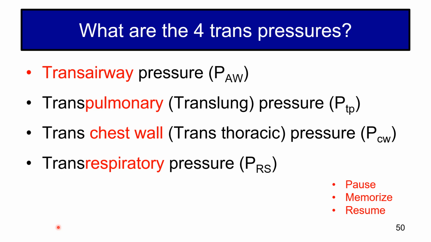For ease of memorization in this lecture, let's just memorize the trans airway pressure, the trans pulmonary pressure, the trans chest wall pressure, and finally the trans respiratory pressure. Again, pause, memorize, and resume the video once you memorize these four trans pressures.